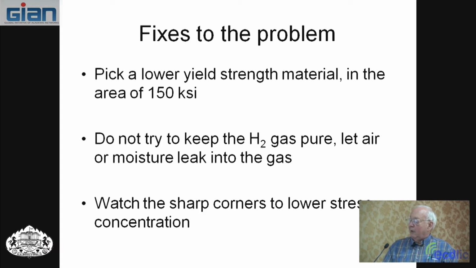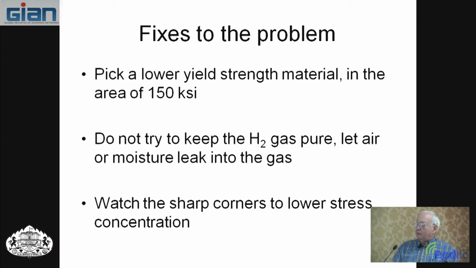Now, in the design, a fault of the Westinghouse designers, the rings had some sharp corners, and the sharp corners were perfect regions for stress or crack initiators. This would be like the S-N fatigue.